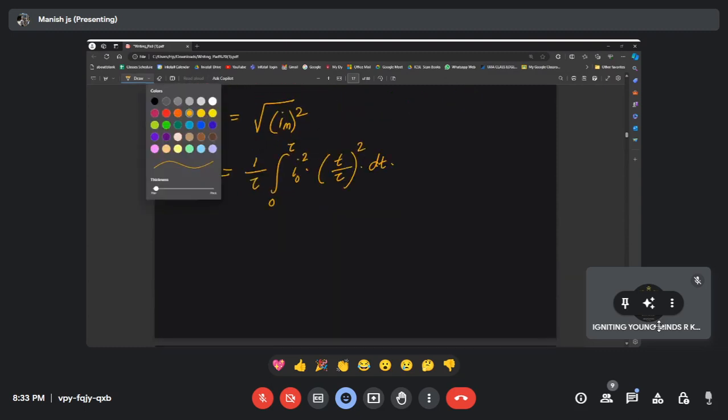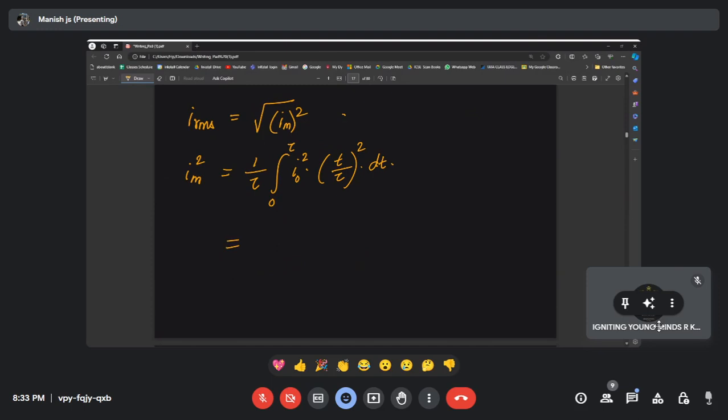Now we will simplify it further. As I said, I naught square is constant, so take it out.